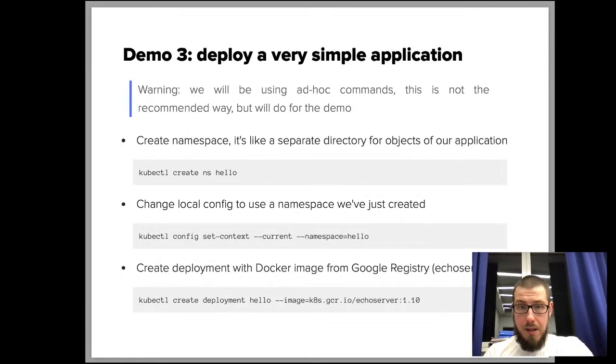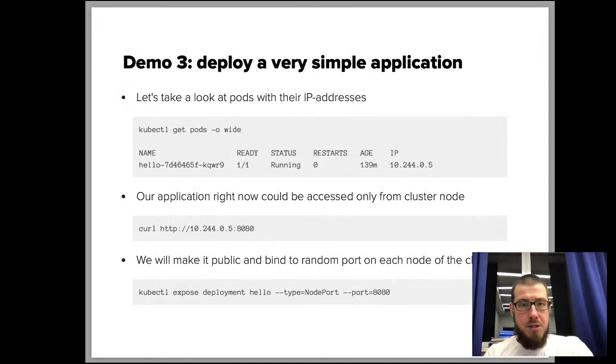Okay, let's move on. Now I would like to have external traffic. I know that the echo server is running right now as a pod in my cluster, but I would like to curl it to see if it responds.